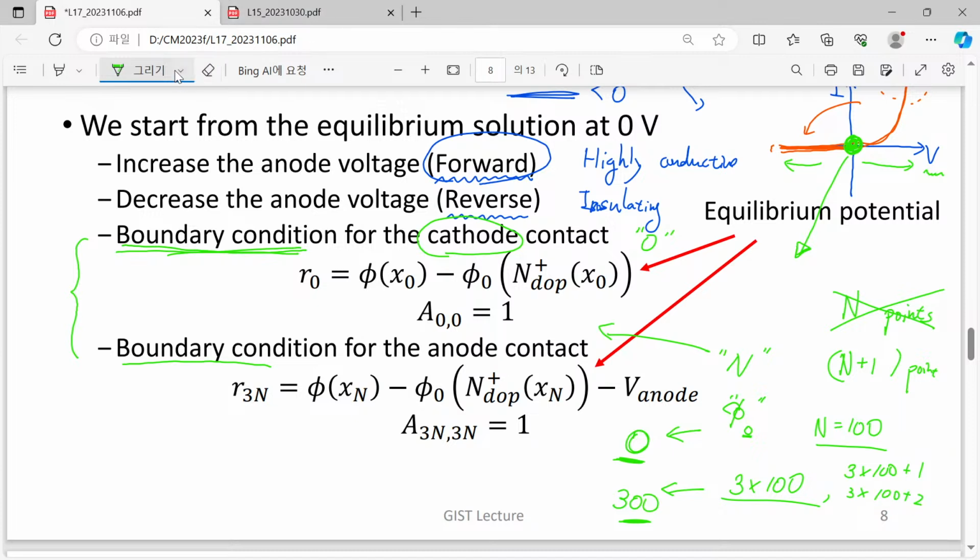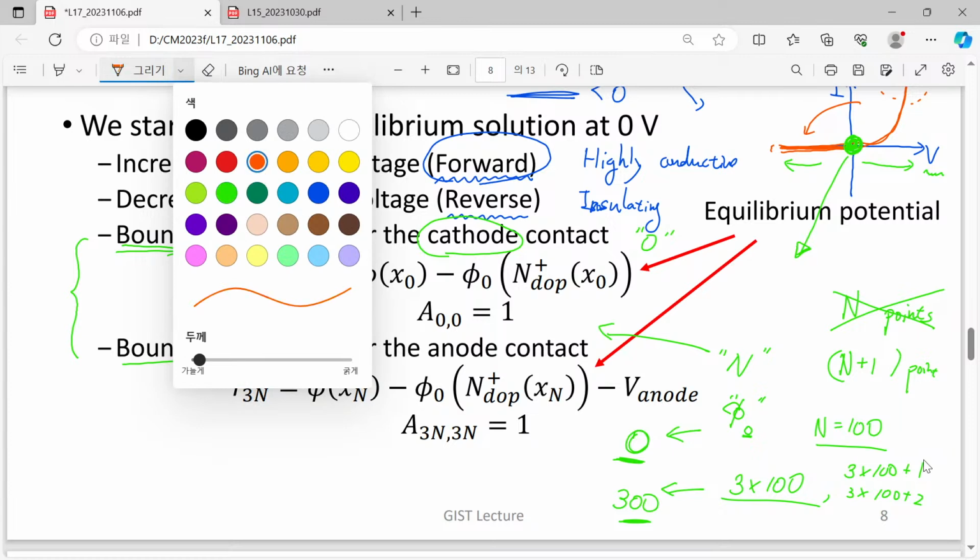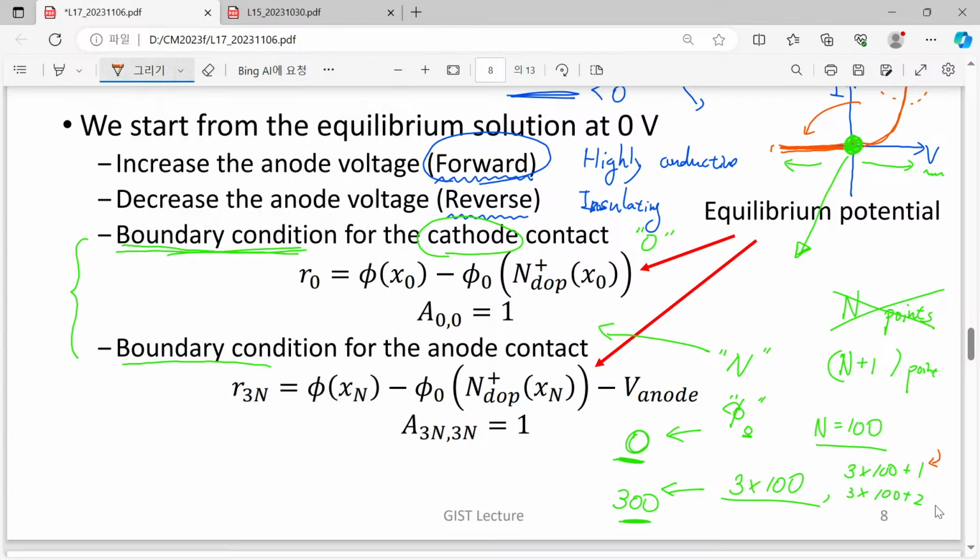What are the physical meanings of these two quantities? This corresponds to your electron density defined on the 100th point, and this corresponds to your hole density defined at the 100th point. But why don't we have any discussion on these quantities?